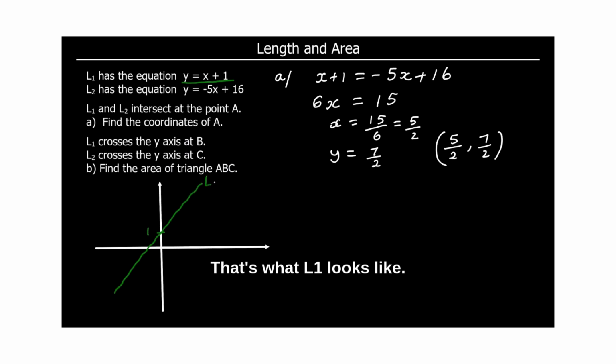That's what L1 looks like. L2 has got a gradient of negative 5 and a y-intercept of 16, so it comes down very sharply, like so. And we know where they intersect. That was 5 over 2, 7 over 2.